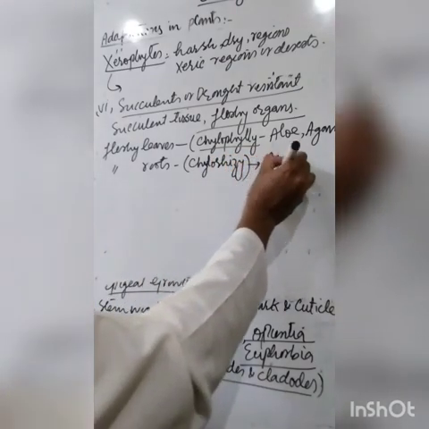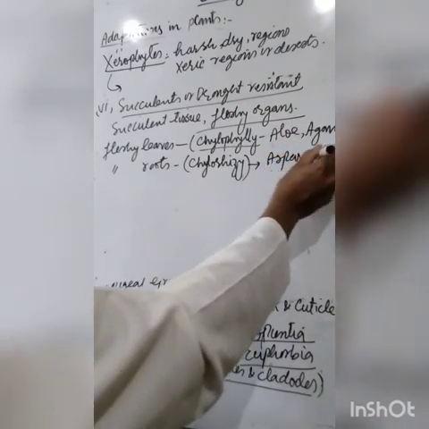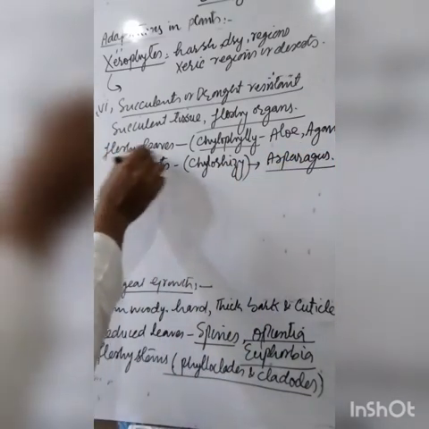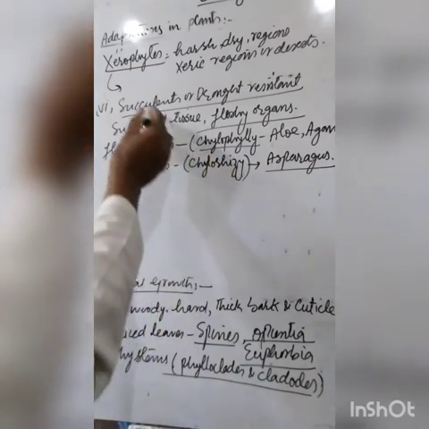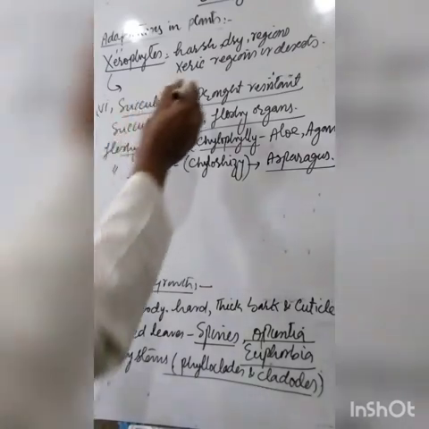Chylorhizae is found in asparagus. These leaves or these roots or these stems have succulent tissue which can store the water and which is later on utilized by the plant slowly.